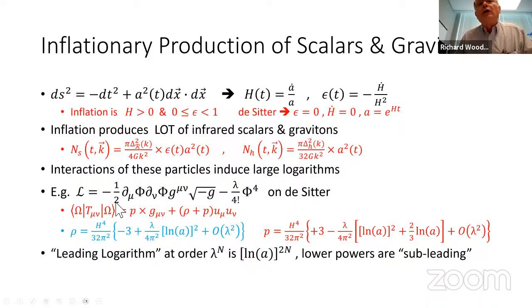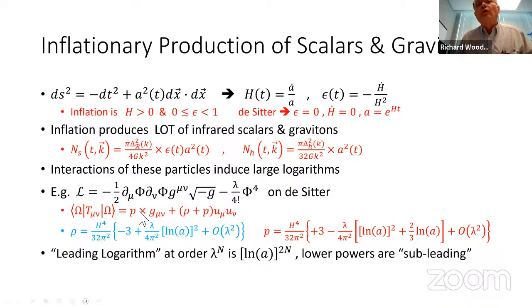If we look at loop corrections in a very simple scalar model of a massless, minimally coupled phi to the 4 on de Sitter background, and take the expectation value of the stress energy tensor, by the way, this is not the inflaton, this is just a spectator to de Sitter inflation.